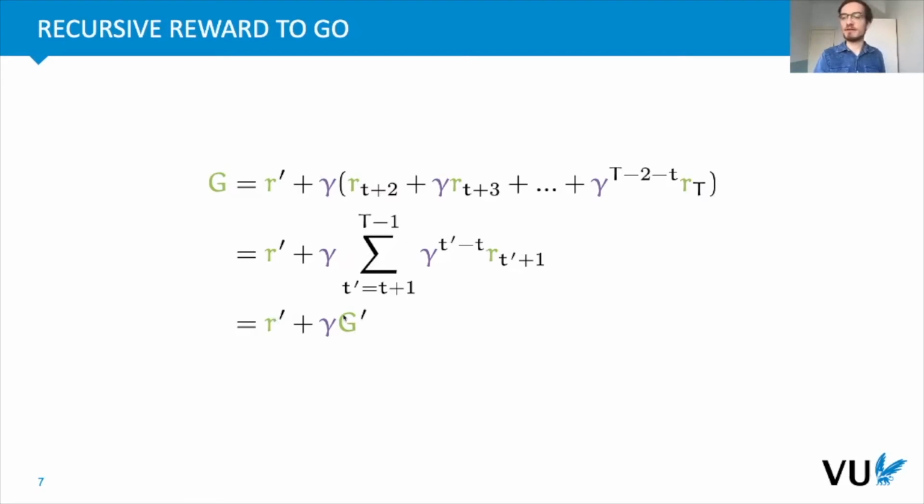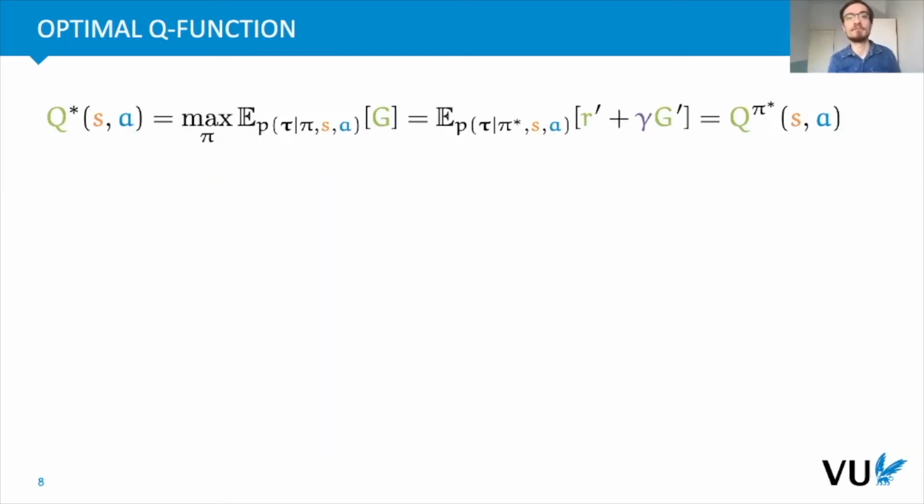This gives us this very nice recursive computation, which basically says the discounted reward to go is equal to the reward in the next state plus a single discount, and then again the discounted reward to go in the next state. So we're going to use this recursion to derive more about the Q function, in particular the optimal Q function.